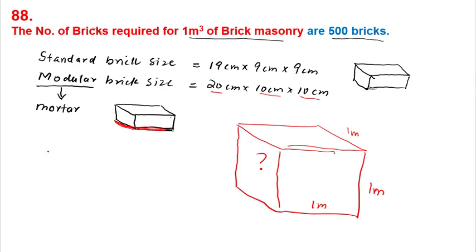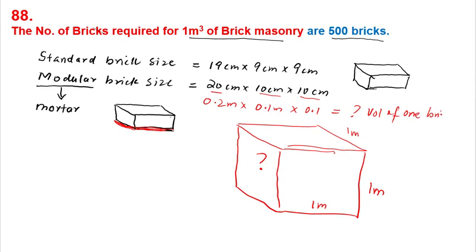The total volume is 1 meter cube, and let's convert the brick size into meters. It will be 0.2 meter multiplied by 0.1 meter multiplied by 0.1 meter, which gives the volume of one brick.